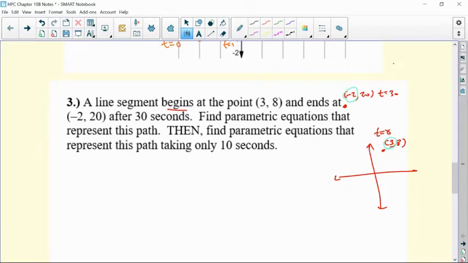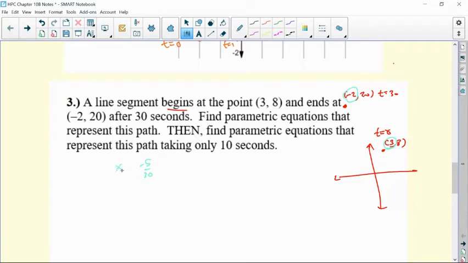So my x has to decrease by 5 over 30 seconds of time. I could think about that as -5 over 30, the change in x over the change in time, which is a -1/6 ratio.